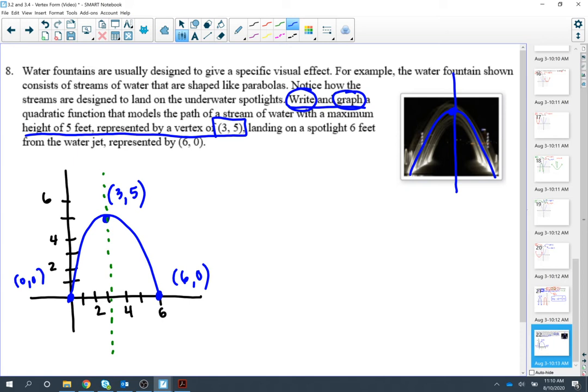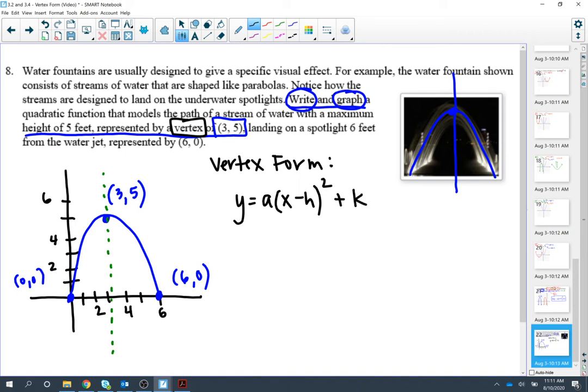The way we're going to start is I'm going to start with vertex form. Because we know the vertex form, we have y equals a times x minus h squared. Don't forget the squared, otherwise it wouldn't be a parabola, plus k. Now, in vertex form, I know that the vertex is represented by h, k.